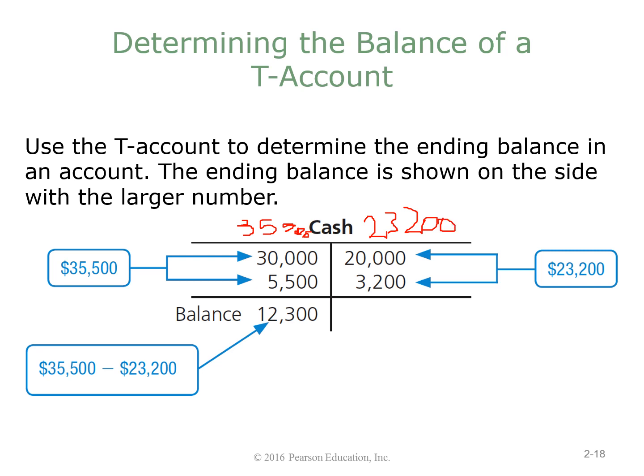If I subtracted the 23,200 out of the 35,500, I will get a balance which is 12,300, and it is toward the debit balance because the balance here, this side is the larger one, the bigger one. So actually, whatever the difference will be, it will be listed in the side of the bigger number.